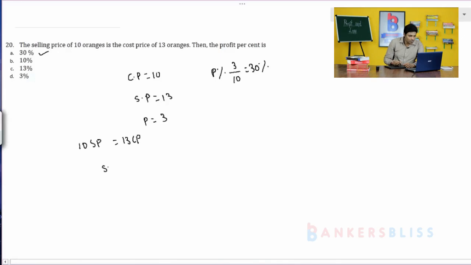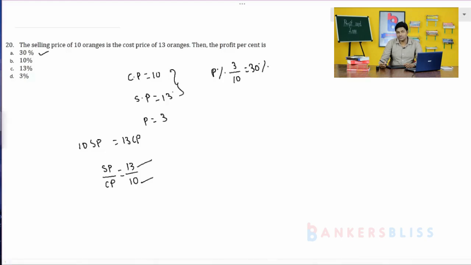So SP by CP is equal to 13 by 10. So SP you got 13, CP you got 10. So the same value what we got if we interchange. So you directly interchange and you calculate, you got profit percentage as 30%, very simple to calculate. Okay, so fine, let's go to the next problem.